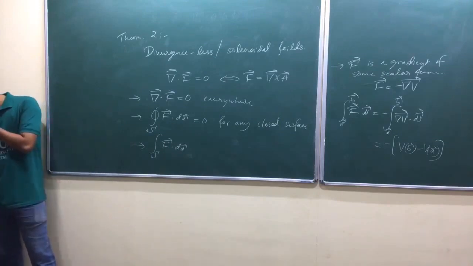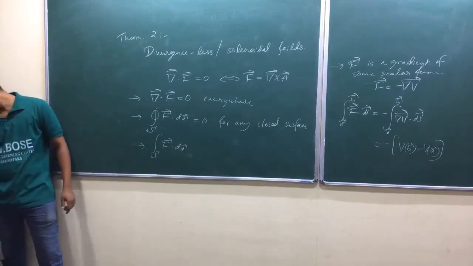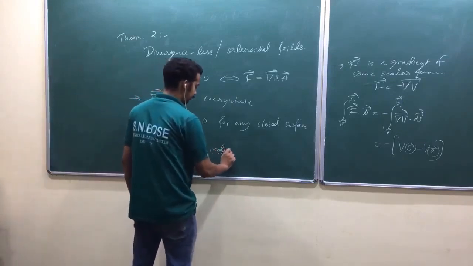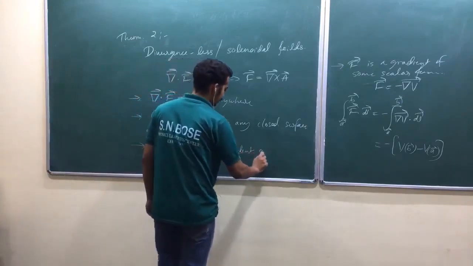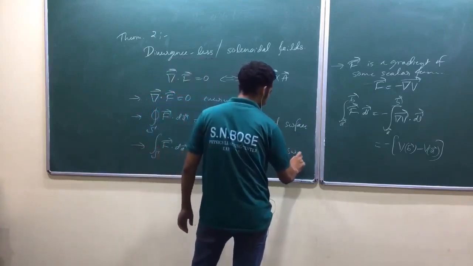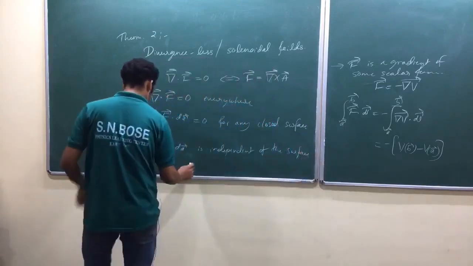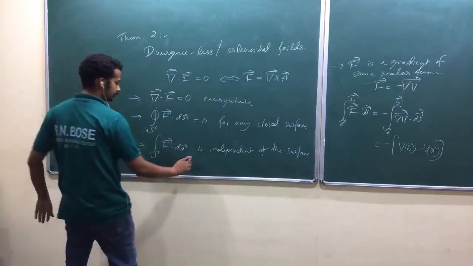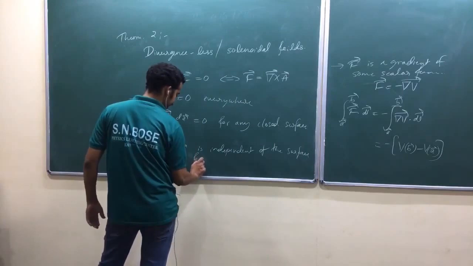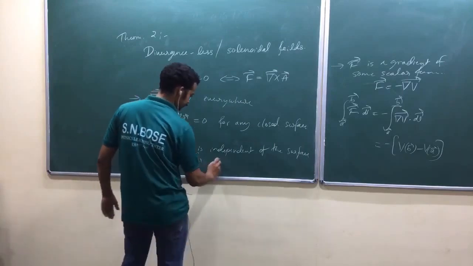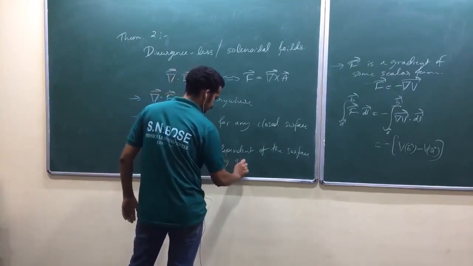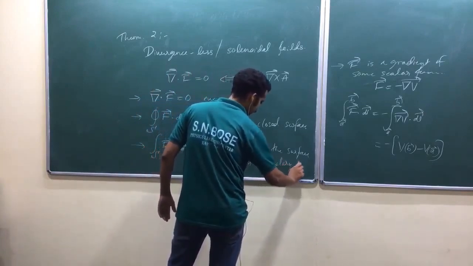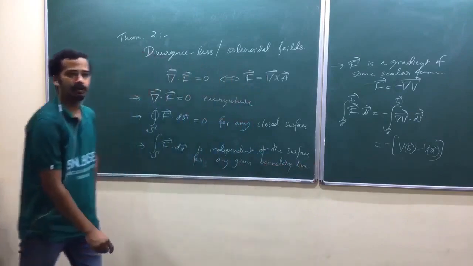Now, write down, it is independent of the surface, independent of the surface for any given boundary line.